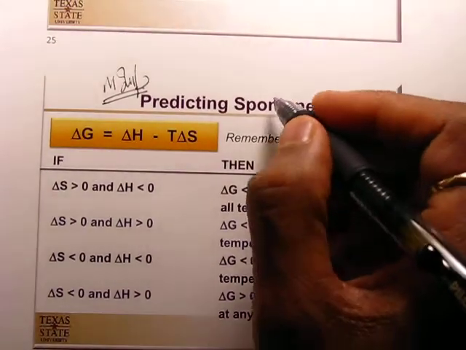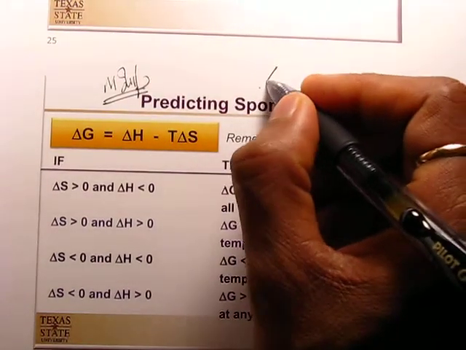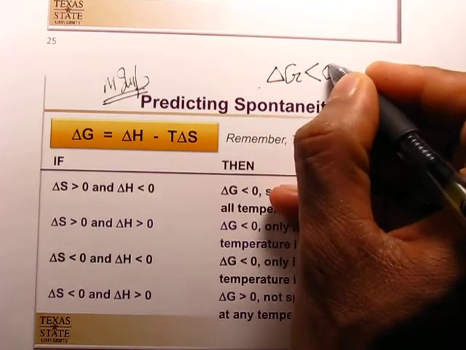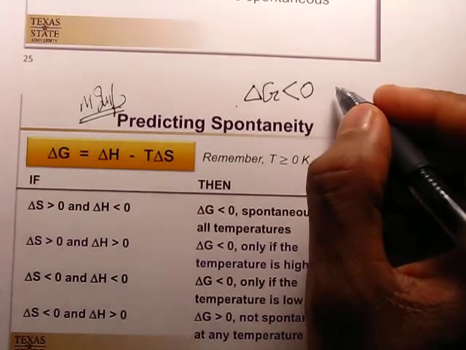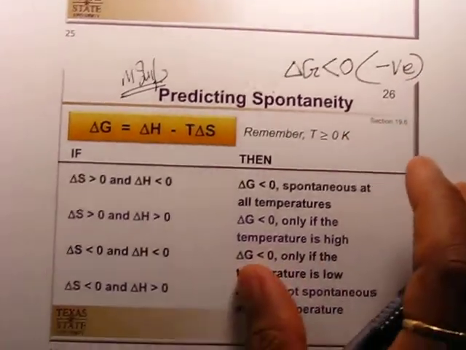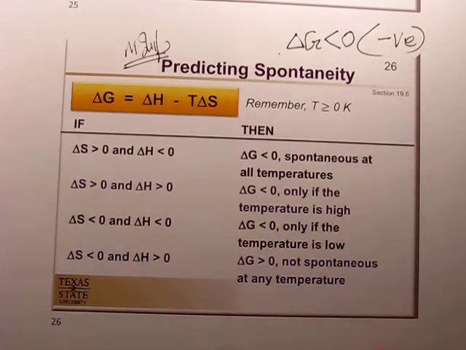For spontaneity, delta G must be negative, below 0. So how can we get the negative value from this equation?